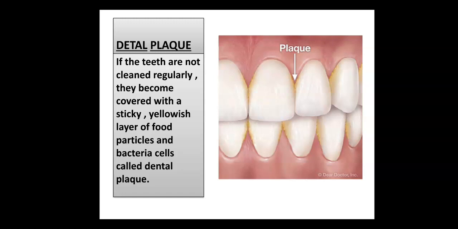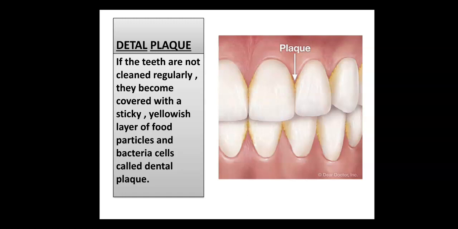Actually, this dental plaque does not allow our alkaline saliva to reach the surface to neutralize the acid formed by the bacteria, and hence tooth decay sets in. If there is a layer upon your teeth, then the saliva will not be able to touch the tooth surface. Saliva cleans away the action of bacteria.